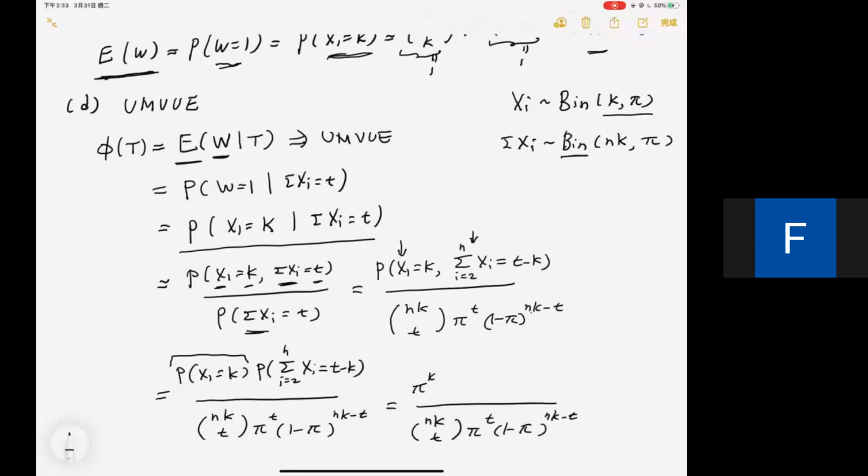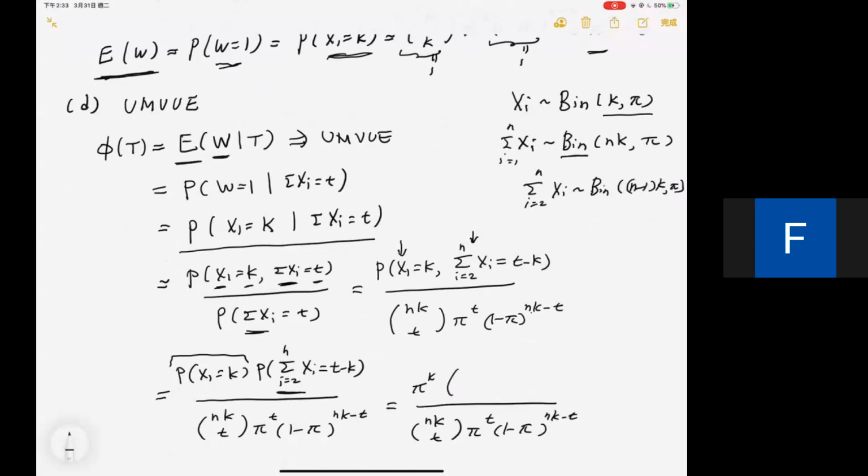Okay, but right here you only have summation from i to n. Right now it's only summation from 2 to n of xi, so binomial n minus 1 choosing k, then pi.